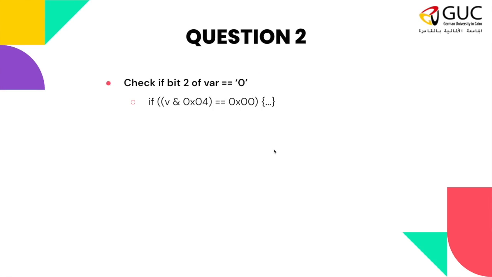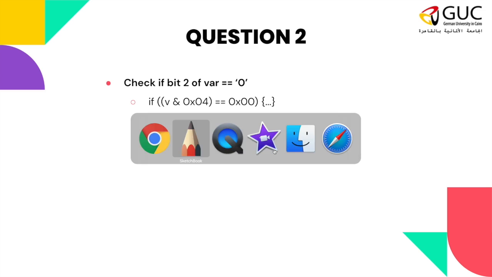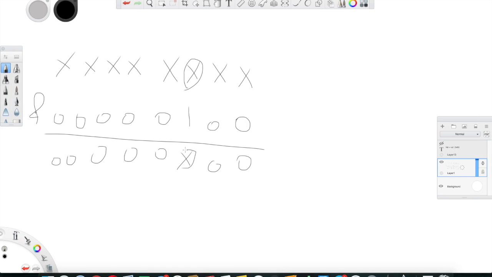If var ended with 0x04, because 4 zeros is 0 and 0100 is 4, so it is in hexadecimal, 0x04 is equal to 0x00 or not. As you will see, if this x is actually a 0, when I equate it with 0x00, 0 will be equal to 0, therefore my condition will be true.